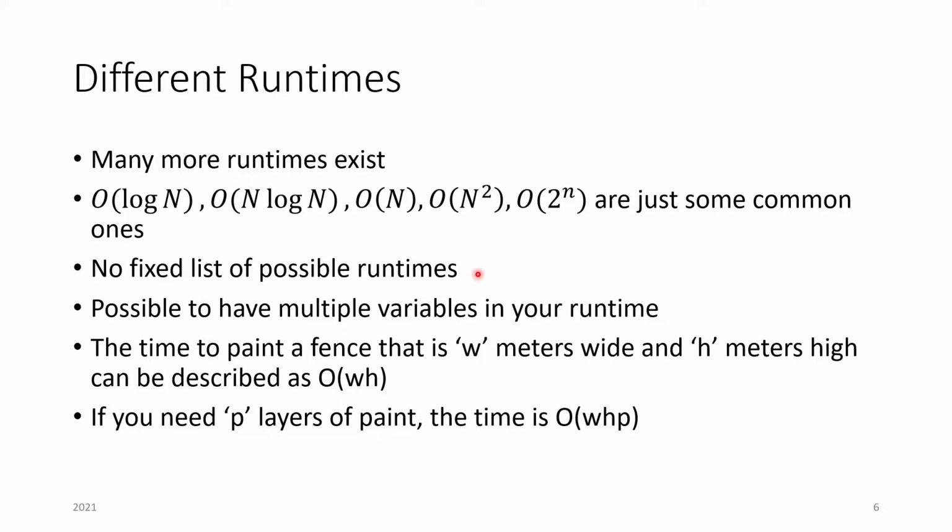So, for instance, like our example here, if your time to paint the fence is going to be w meters wide and h meters high, we can map that length and breadth with respect to the time, and we can say that's going to be order of w times h. And then if we add another layer on top of that, meaning that you need p layers of paint, meaning how many times you need to repeat this, then your complexity becomes O of WHP, where these variables are multiplying with each other because they compound with one another accordingly.